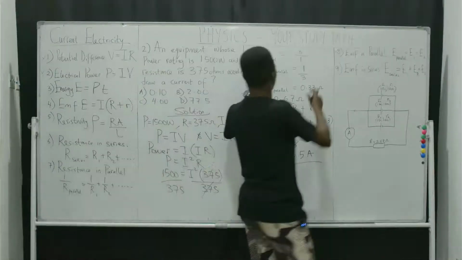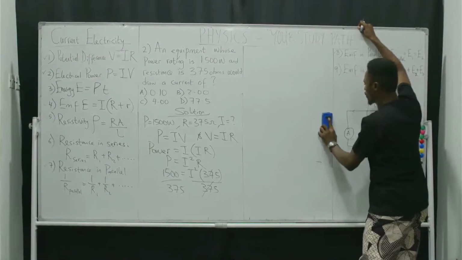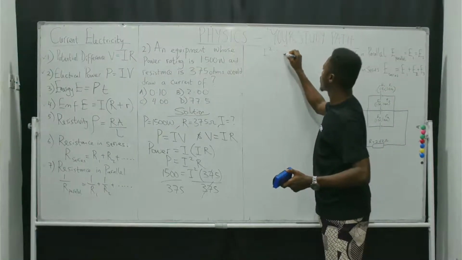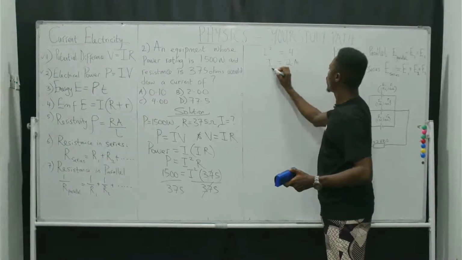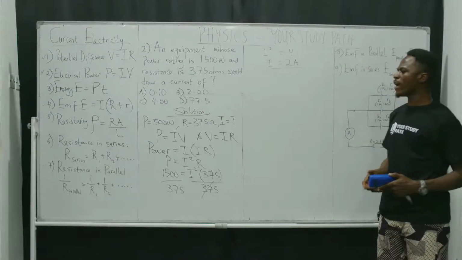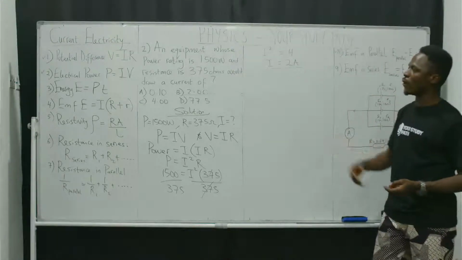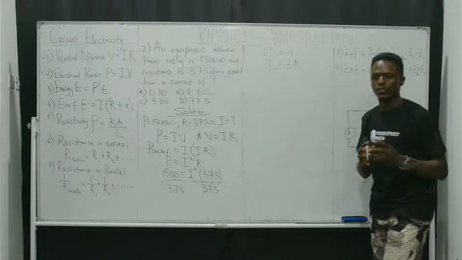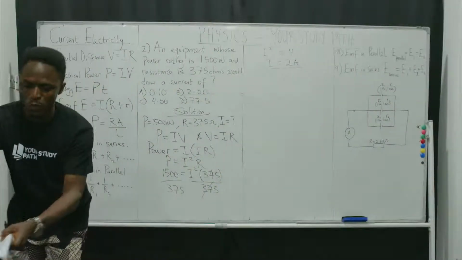I squared becomes equal to 4. From here, I equals the square root of 4, which gives us 2 amperes. Option B. You can see that for every question tossed at us, we can easily have it solved. We were able to use Formula 1 and Formula 2 in solving this question involving power.